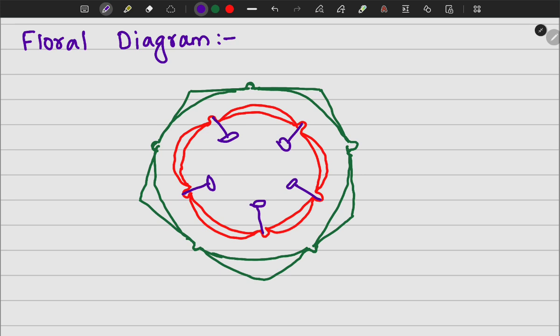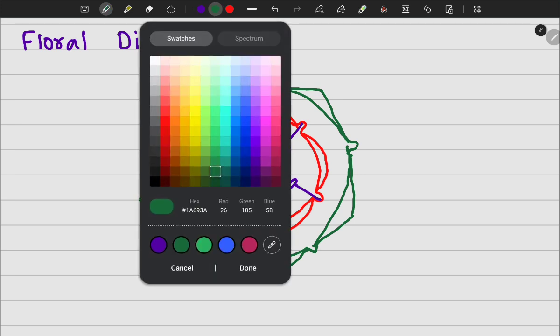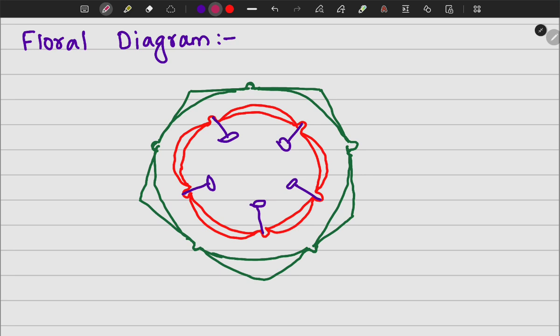Then the gynoecium. So we studied that gynoecium is bicarpellary and syncarpous, right? So we will draw the 2 carpels like this, and they are joined together, fused together. So bicarpellary syncarpous. Alright. So this completes the floral diagram for the Solanaceae family.